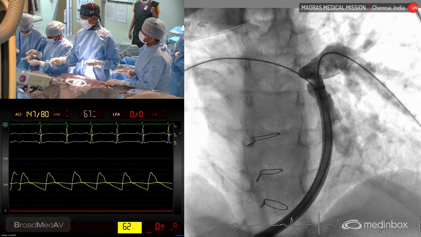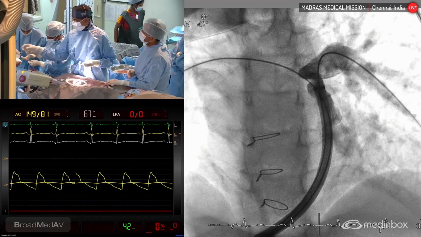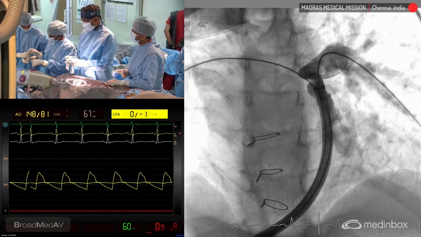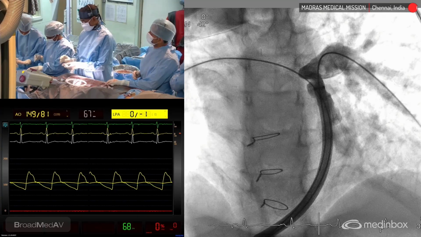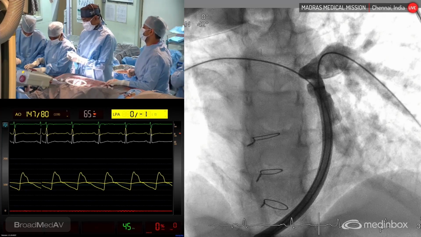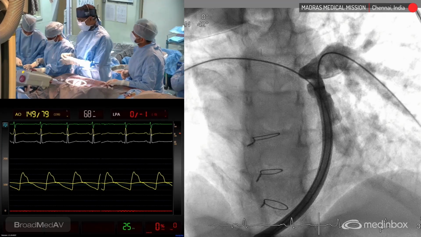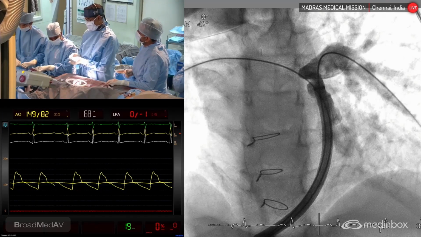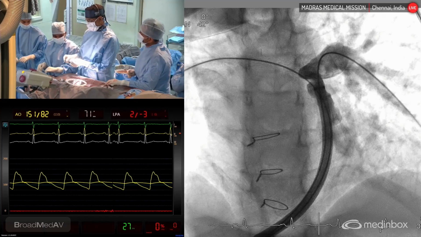Here. So this is an Intra Stent LD Max, which is an open cell stent which can be dilated up to 25 millimeters.